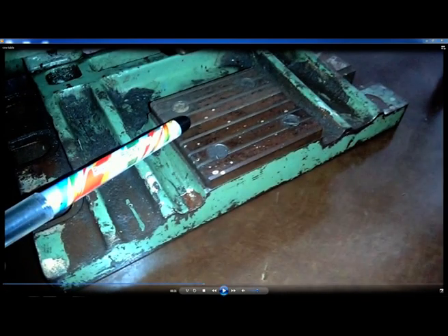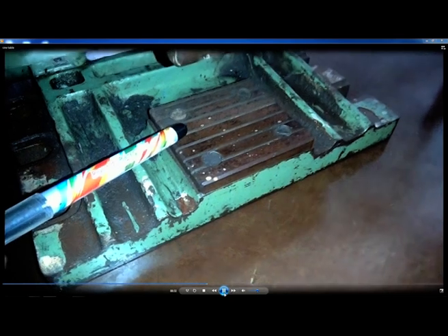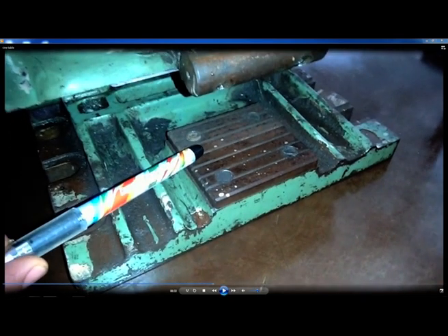Now, this is the surface on which slip gauges should be placed. We should clean this surface and then we should keep the workpieces and slip gauges. And we can also see the roller fixed to the bottom surface of the swiveling plate.